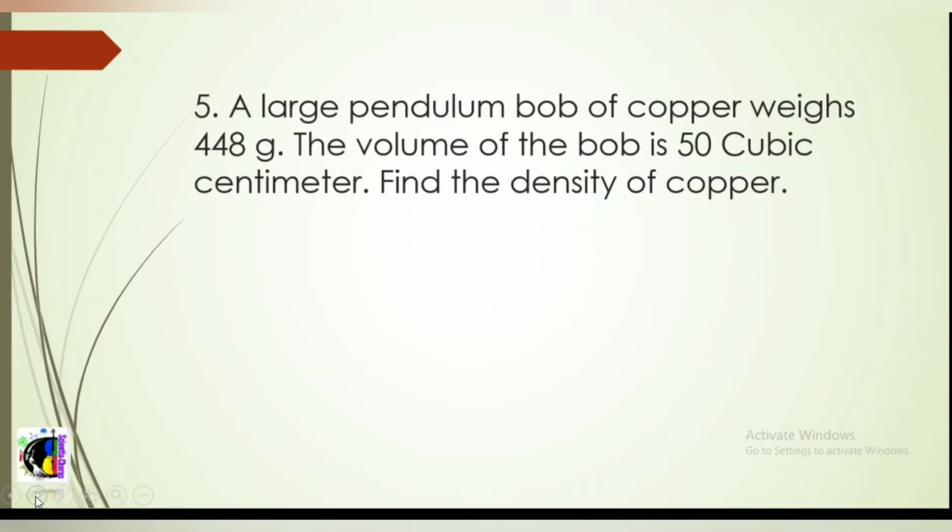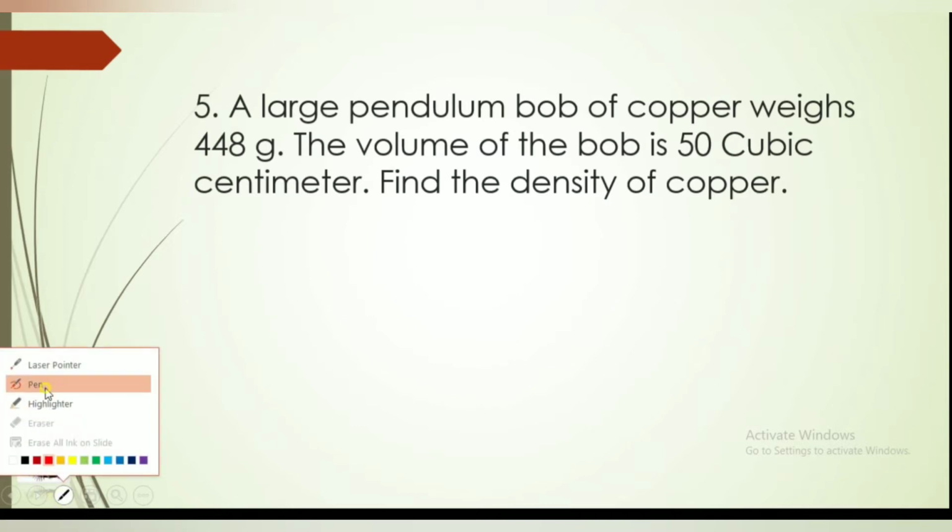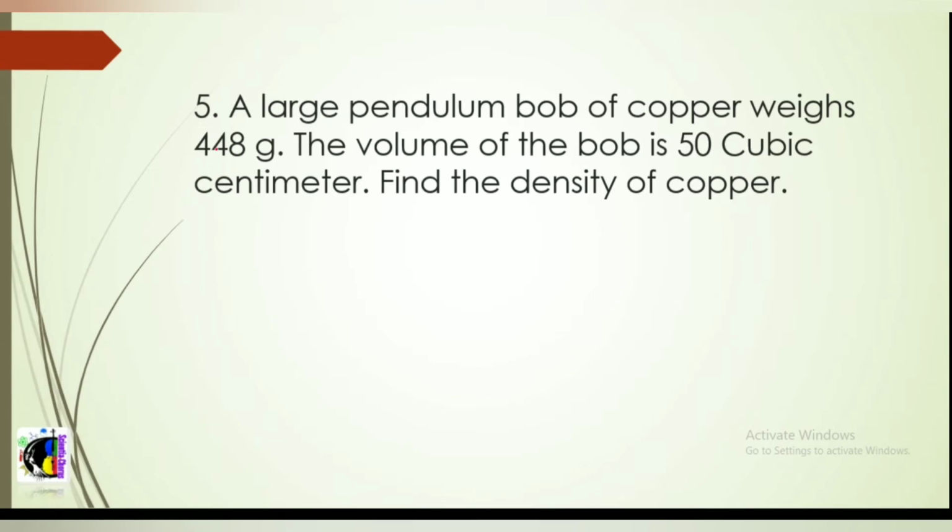Okay, a large pendulum bob of copper weighs 448 grams. The volume of the bob is 50 cubic centimeter. Find the density of copper. So it's a very direct question where they have given the mass.